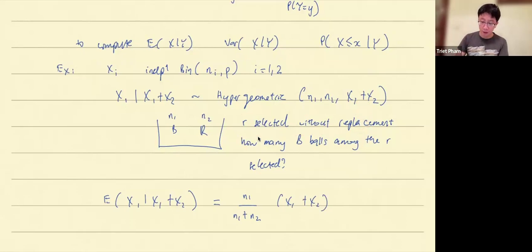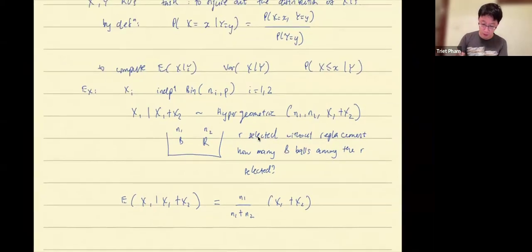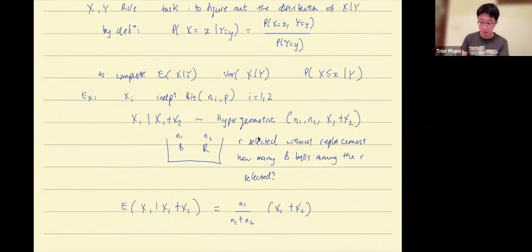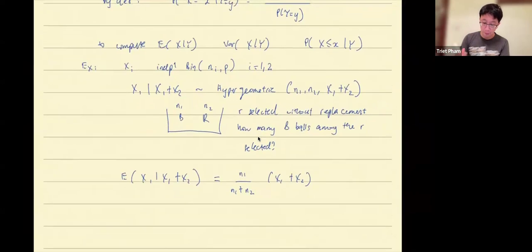All of this is done very quickly because we recognize what the conditional distribution is. If we don't, the task of calculating this is kind of hopeless.